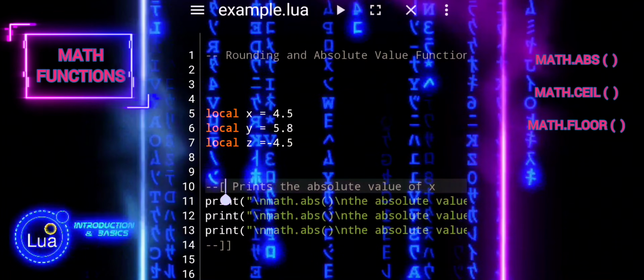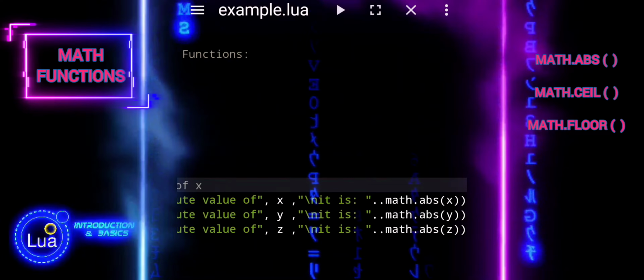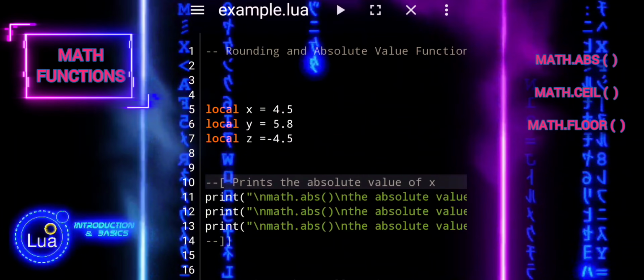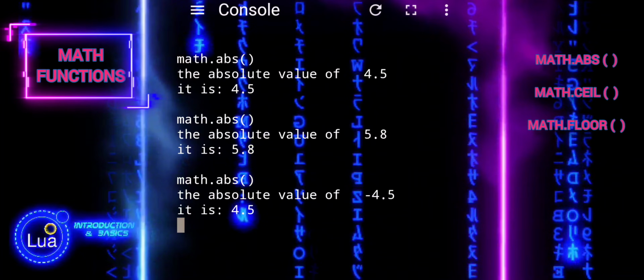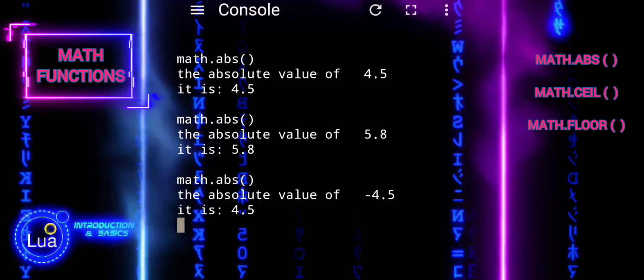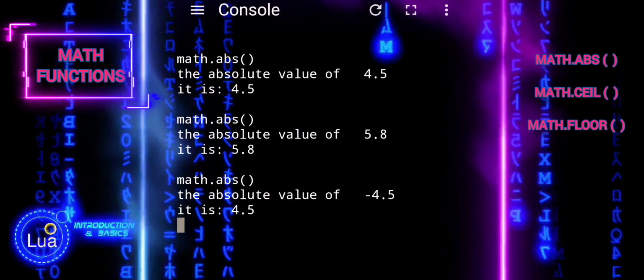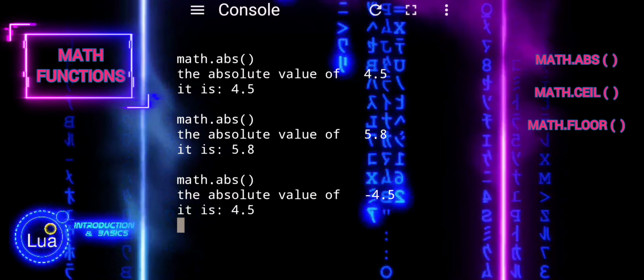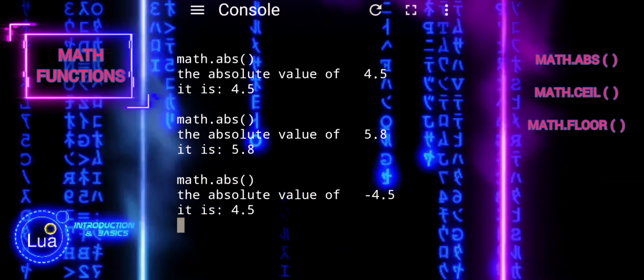An absolute value represents the distance of a number from 0 on the number line, regardless of its sign. So, for positive numbers, the absolute value remains the same, but for negative numbers, it becomes positive. In the provided example, the absolute value of x is the same because 4.5 is already positive.